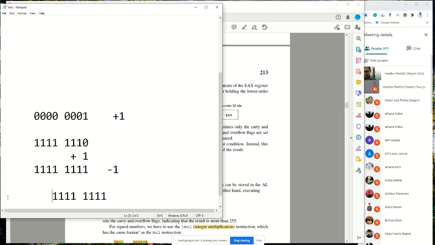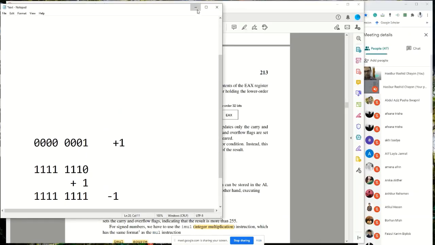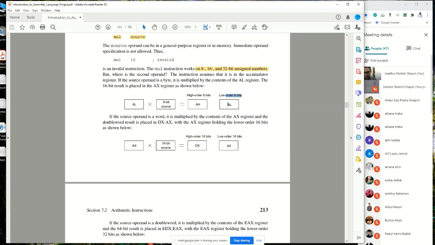What is the equivalent of this? This is actually 255, the decimal number. That means you can maximum store the value of 255 into an 8-bit position, right? So in the AL register, what is the maximum number you can store here? 255, right? Do you understand?